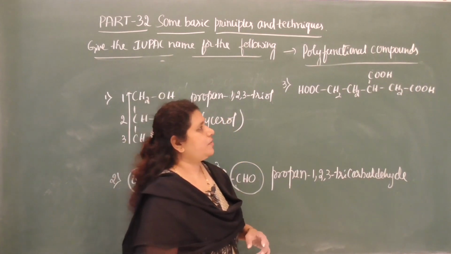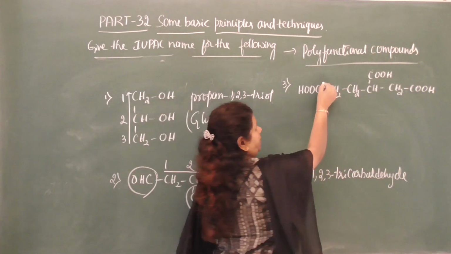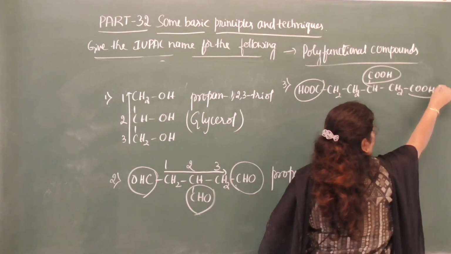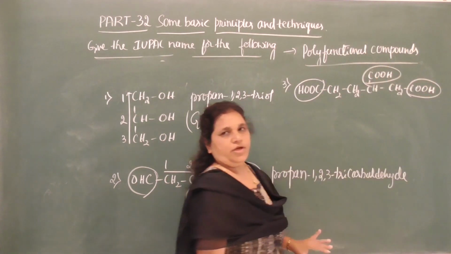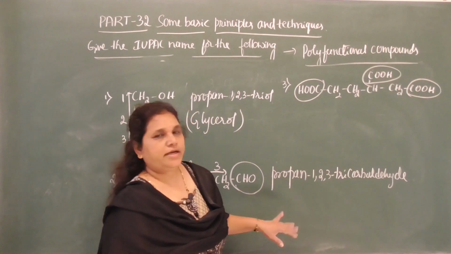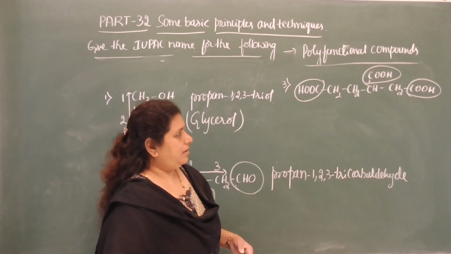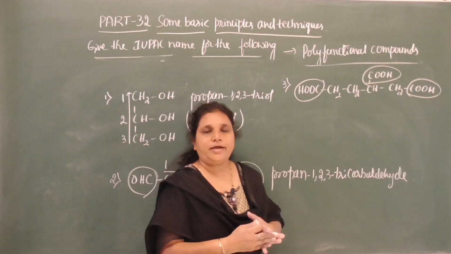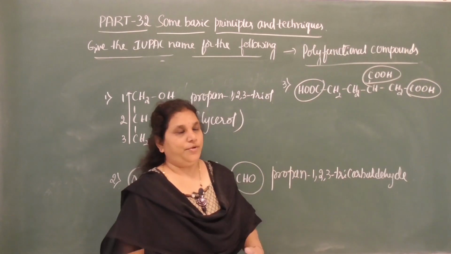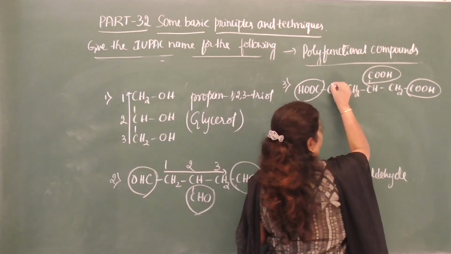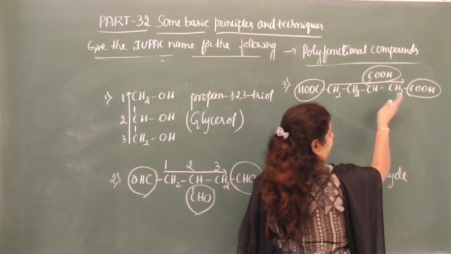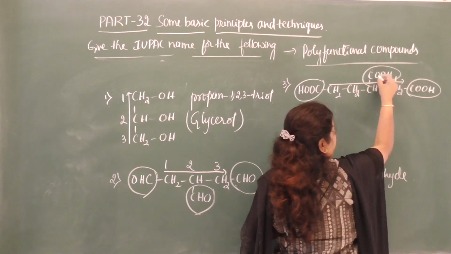This compound also contains 3 terminal functional group containing carbons. So here also you need to treat it as the functional group, but not including the carbon atom of the functional groups in the root word. Now you select this carbon chain, correct? You give the number from right to left to follow the lowest sum rule.